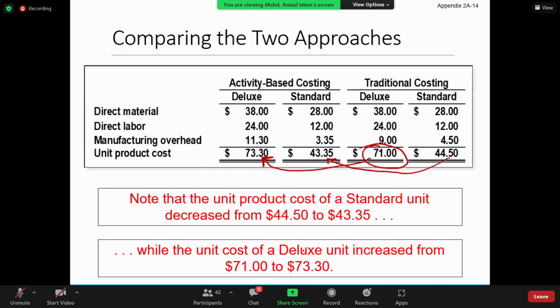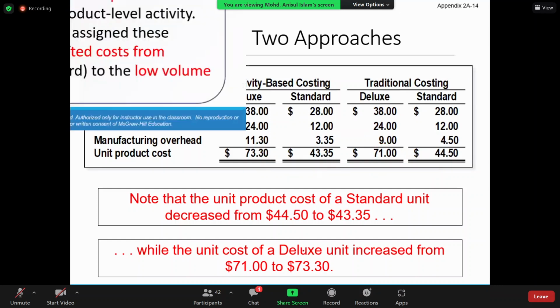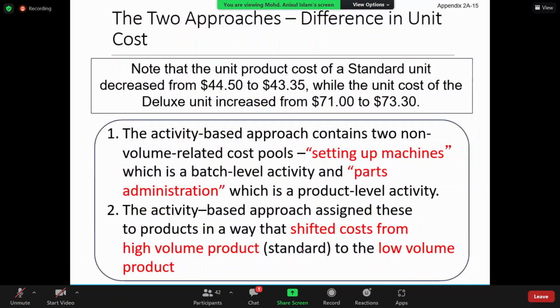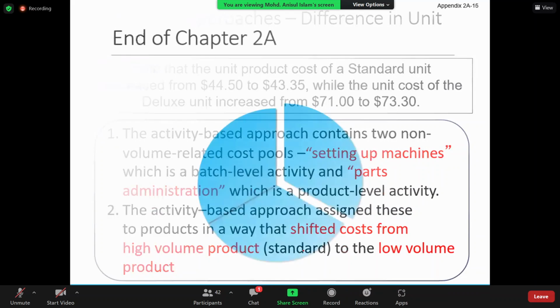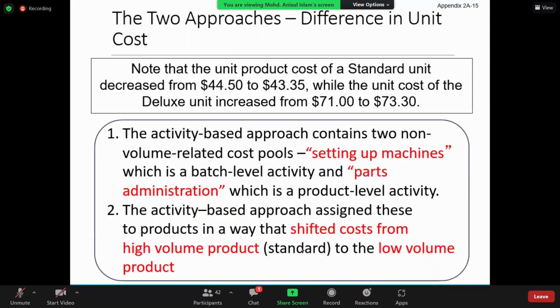So you will see what is the reason. The reason is that the activity-based approach contains two non-volume related cost pools, which are not connected to the volume.